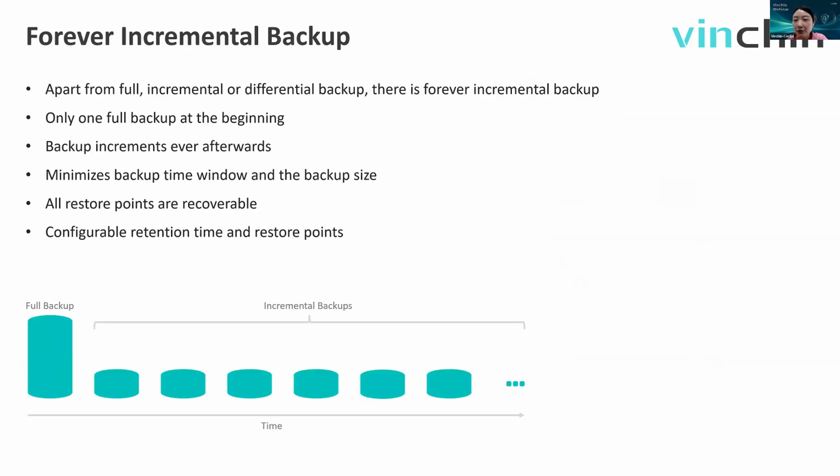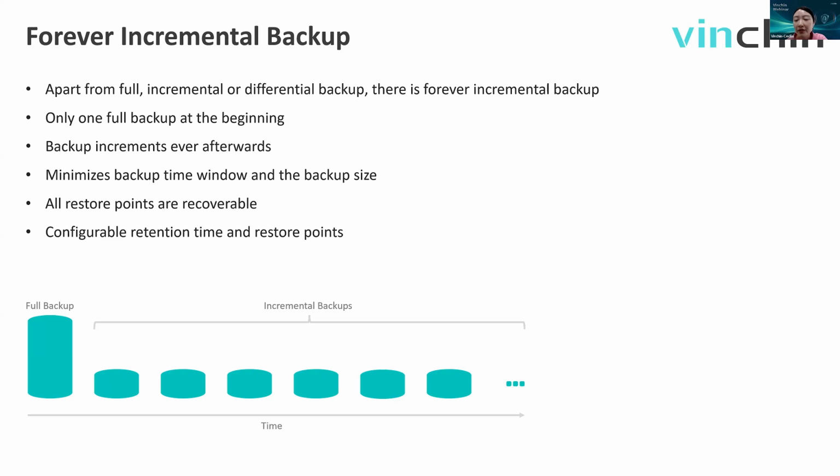Next, I'm going to introduce the forever incremental backup. Basically, it works in a way that you carry out one full backup at the beginning, and then all of the following backup jobs are incremental backups and will be performed automatically. This is a very useful and recommended backup strategy for companies that have requirements for limited storage size.